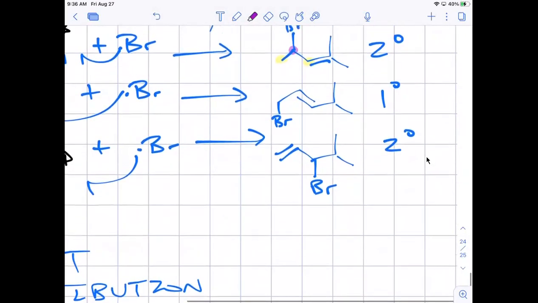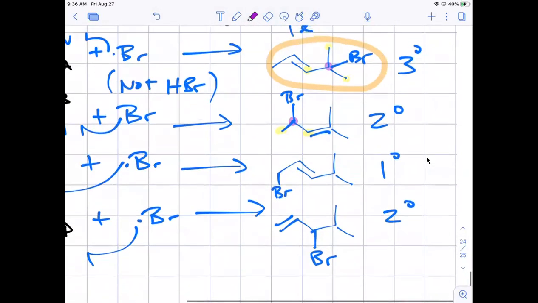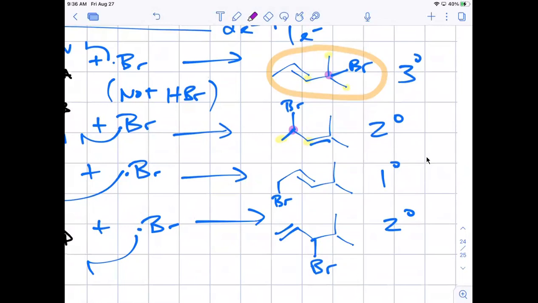All right, so a tertiary radical, even though it's a very stable radical, when you make it, it's not as reactive because of the bulk around it. So bromine has a hard time getting to that tertiary carbon.